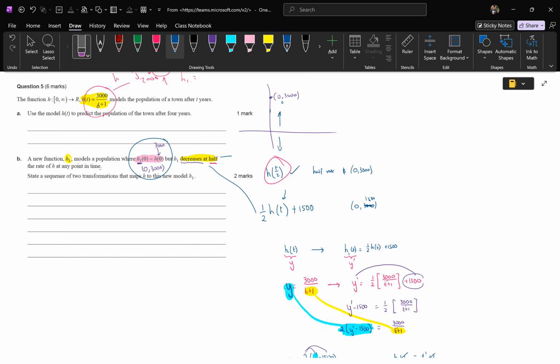Can be read in many ways, like 2 different ways there, but I think maybe the examiners were just focusing on the fact that it's half of whatever h of t is in the y value sense. When I read that, it sounds more like it's trying to say halving it. So if it decreases slower because it's decreasing by half the rate.